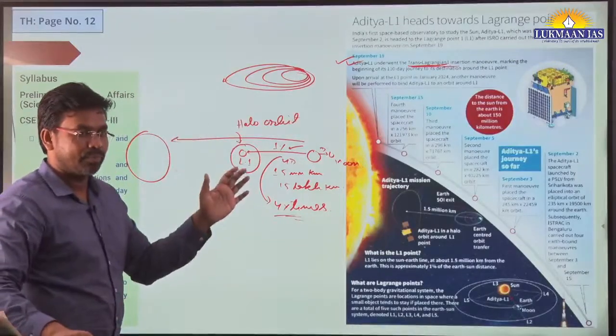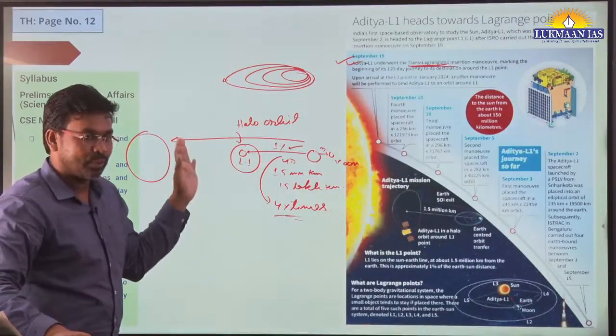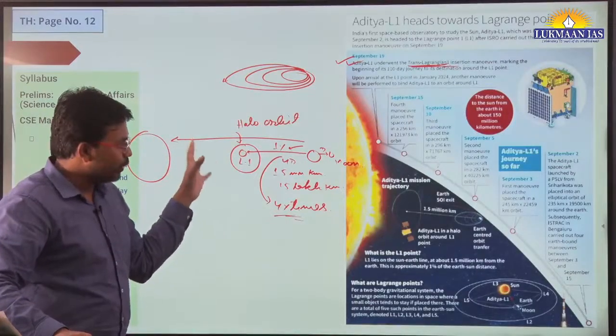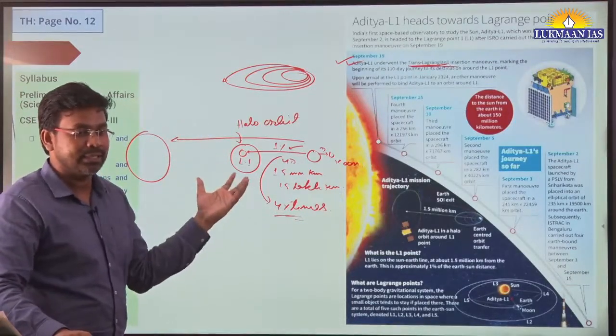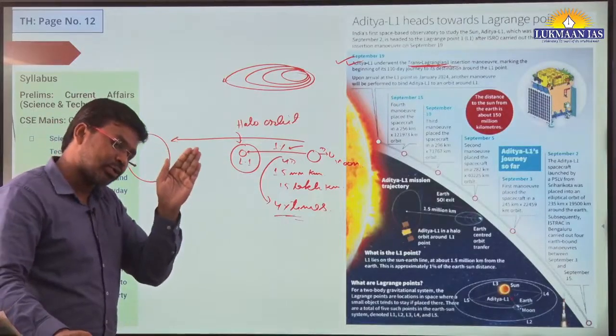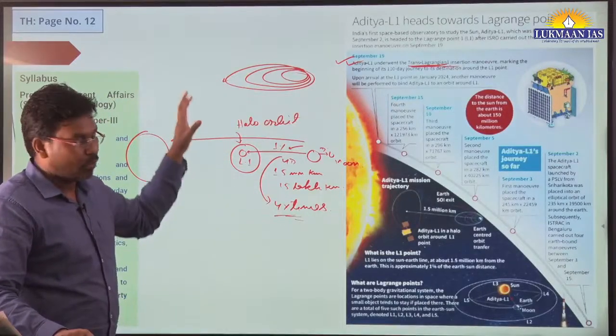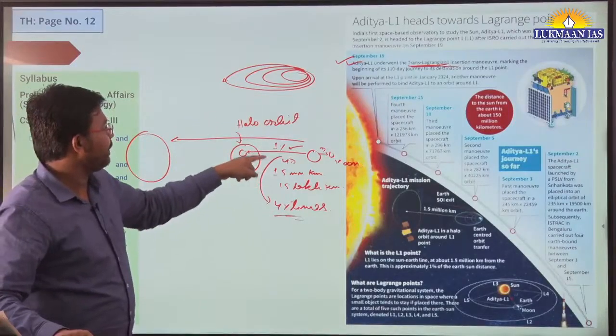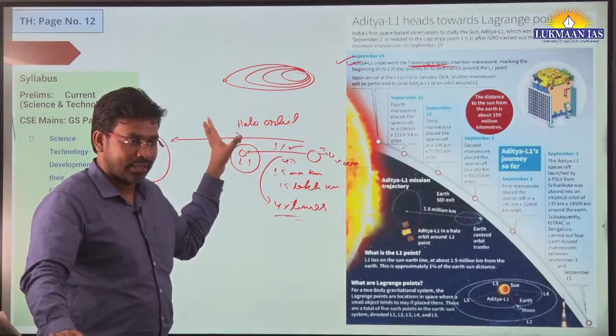It is now going to travel towards Lagrange point 1 for 110 days. During that time we are going to keep all the systems shut down and it is going to go over there slowly. Once it reaches, we are going to restart the systems. Then we will make it orbit around the L1 point, in a halo orbit.